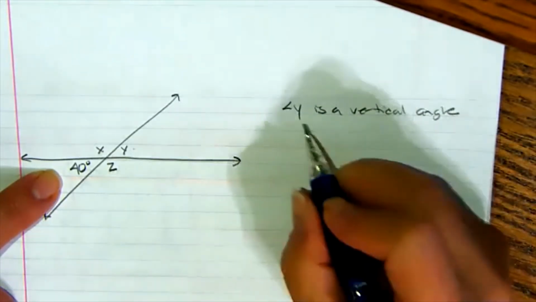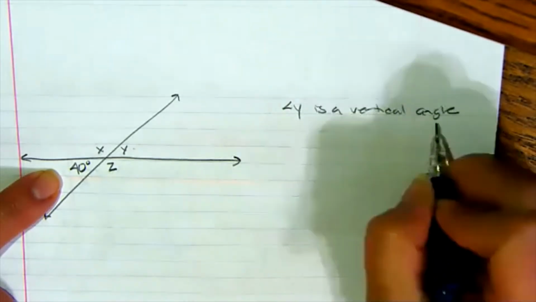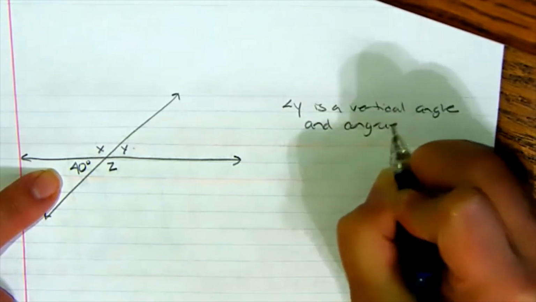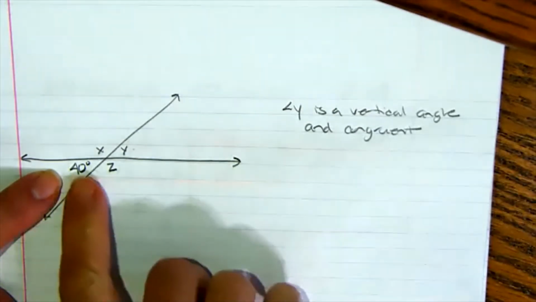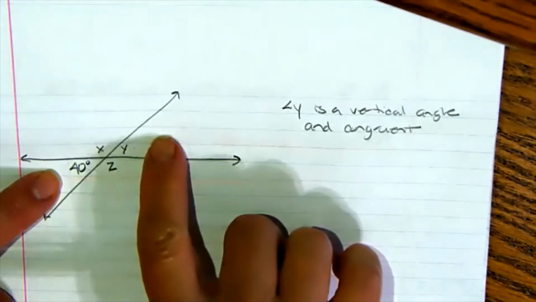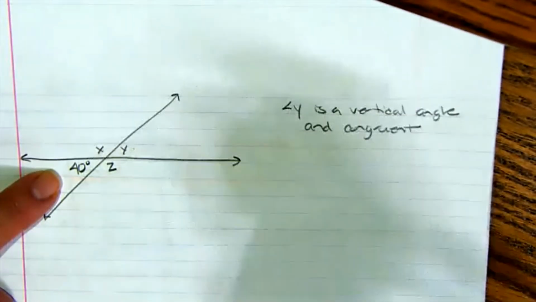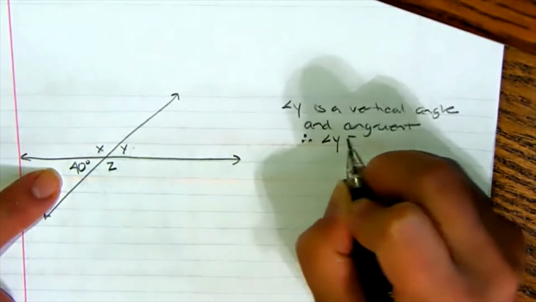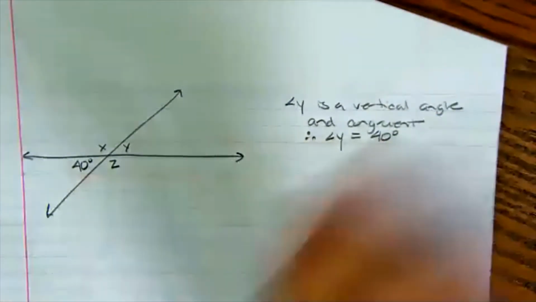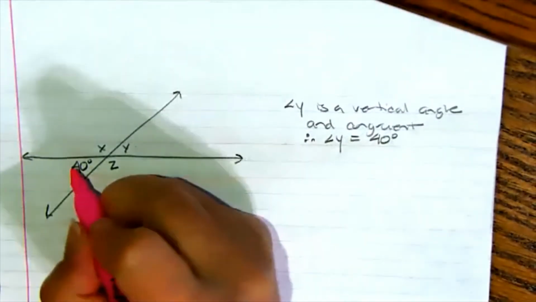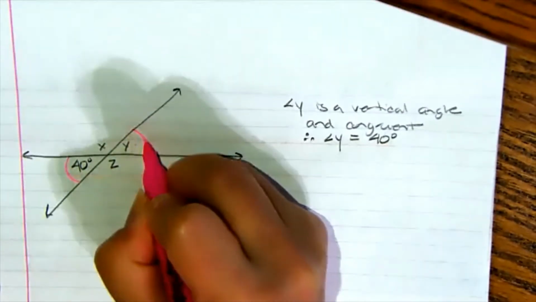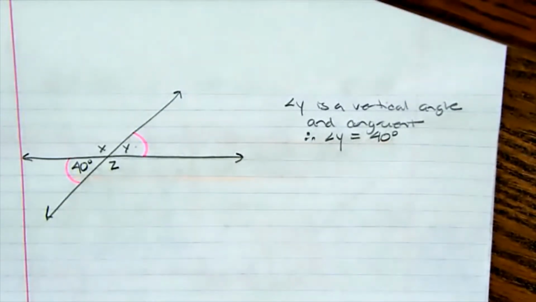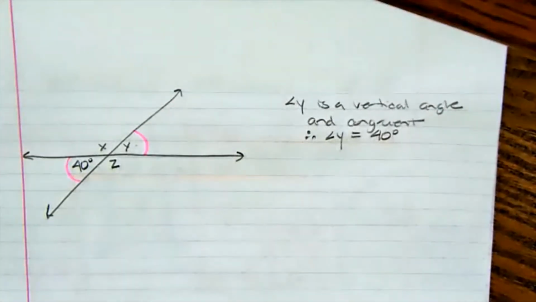And if angle Y is a vertical angle, then it is congruent. So angle Y is a vertical angle, it's opposite, and it's congruent. Therefore, we can say angle Y is equal to 40 degrees, because they are vertical angles. They are opposite of each other and they are congruent. So angle Y is 40 degrees.